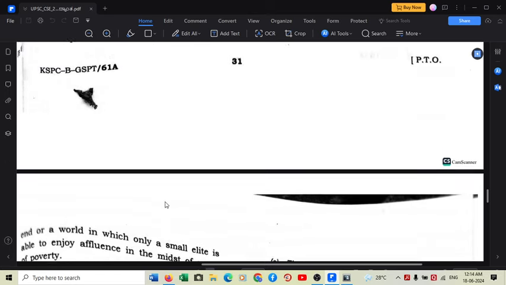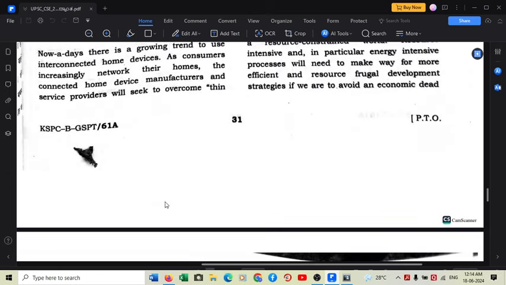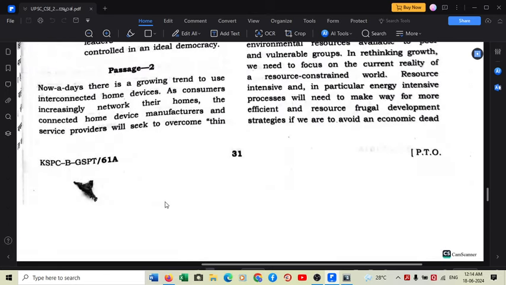Okay, so definitely yes. So the last line is a very good advice by the author: resource intensive means industries which are dependent on resources will consume more resources, and in particular energy intensive processes means the processes in industries which require more energy will drain more power, will require more electricity to be produced.